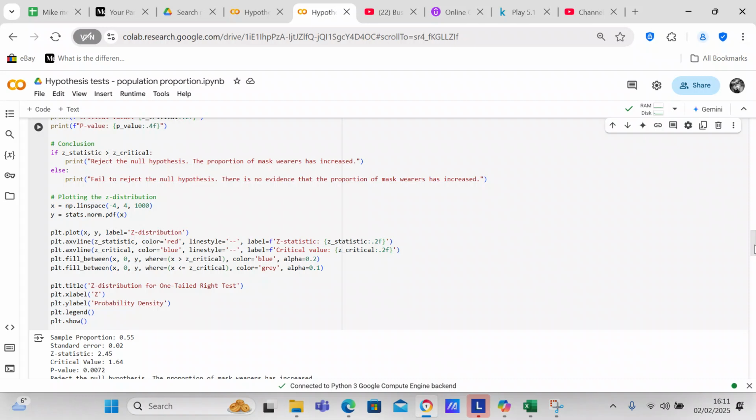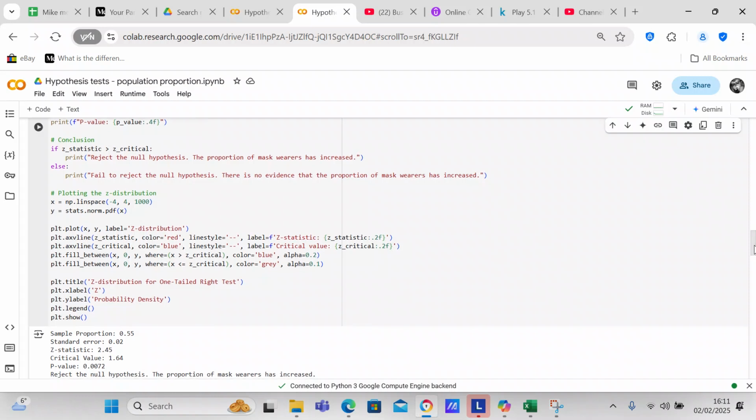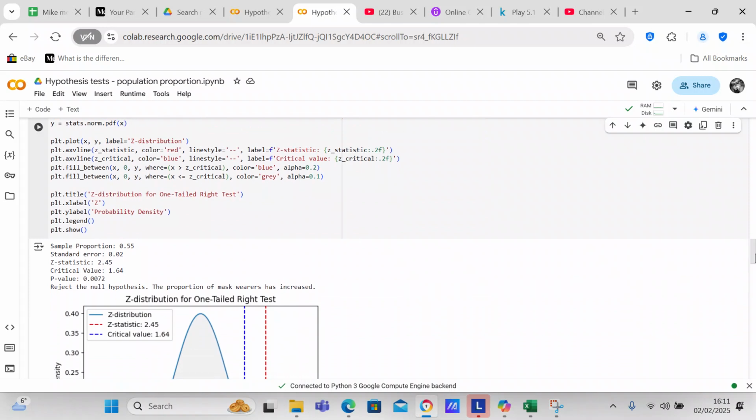So I previously said that because the p-value is less than 0.05, then you would have to reject the null hypothesis. And so it says in the answer, reject the null hypothesis, the proportion of mask wearers has increased.